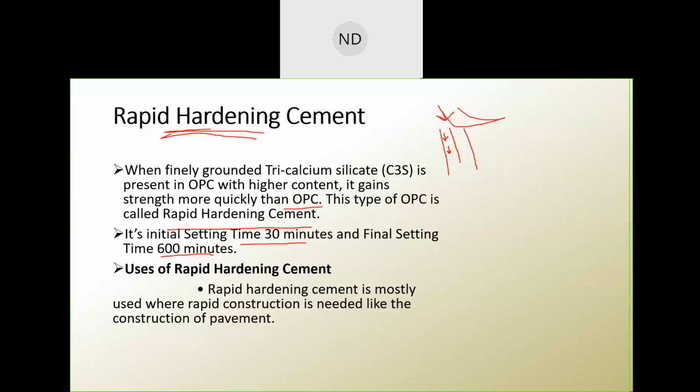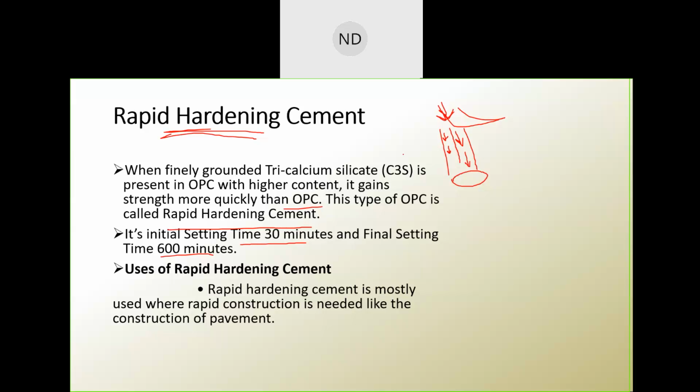That's why you want your pavement to gain strength at a very fast rate, so that once it is done, you can allow the traffic to flow from this side. And once you make this side also, that means the entire pavement, you want it completed very fast so that all the traffic can flow smoothly on this pavement. So we want it to harden fast and gain strength fast.